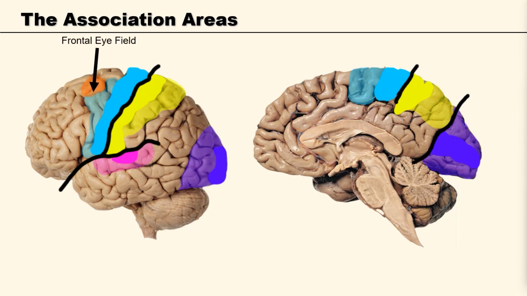This area is responsible for movements of the eye, both voluntary and a movement called saccadic eye movement. Saccadic eye movement happens in response to stimulus in the visual field. For instance, if you were to sit perfectly still in a room and a rat scurried across your peripheral vision, your eyes turn towards it in a reflex action. We are drawn to movement.